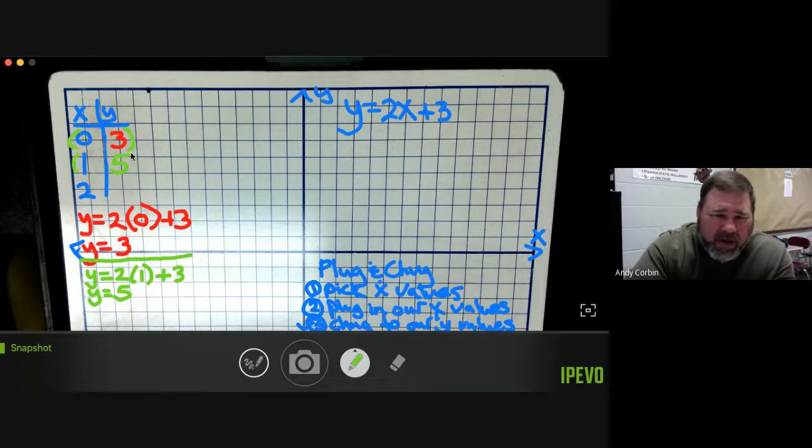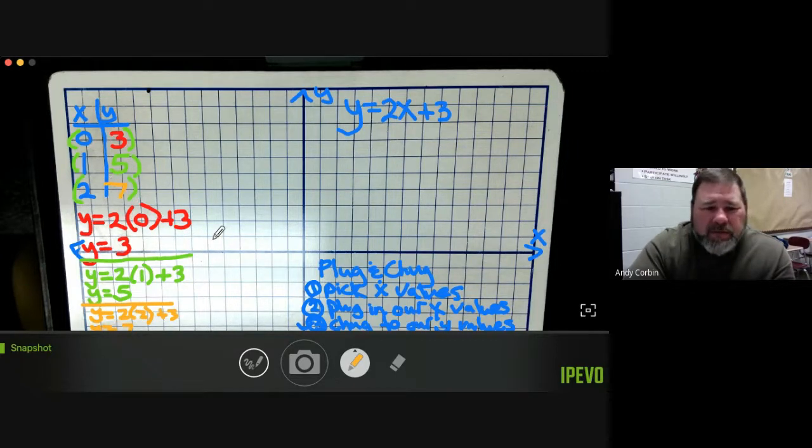Okay. So don't freak out because they're in this table. They're still the same ordered pairs like we were working with. All right, let's try the 2. So y equals 2 times 2 plus 3. So that's y equals 4 plus 3 is 7.